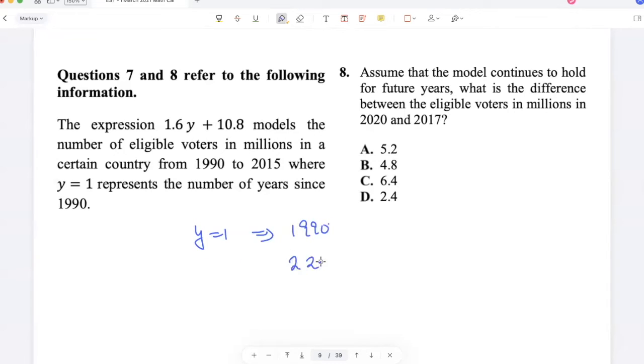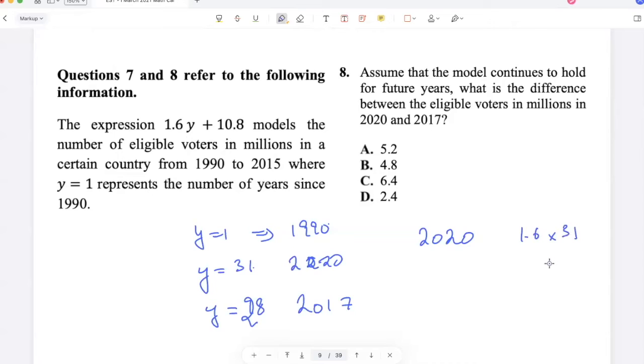So 2020 would be y is equal to 31 and 2017 would be y is equal to 28. Yeah. So then in 2020, the eligible voters is 1.6 into 31 plus 10.8.